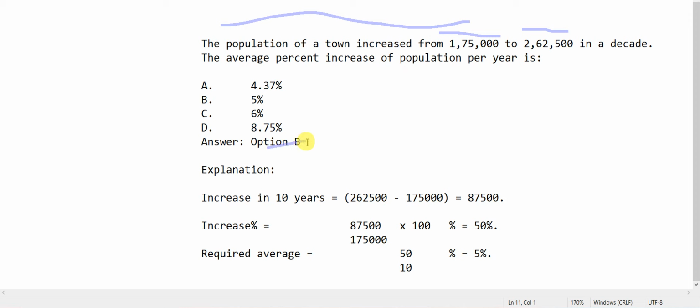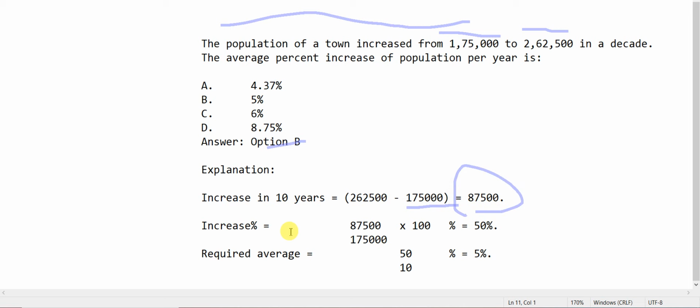Let's see how. Decade means 10 years. So the increase in 10 years is 2,62,500 subtracted by 1,75,000, which is 87,500.